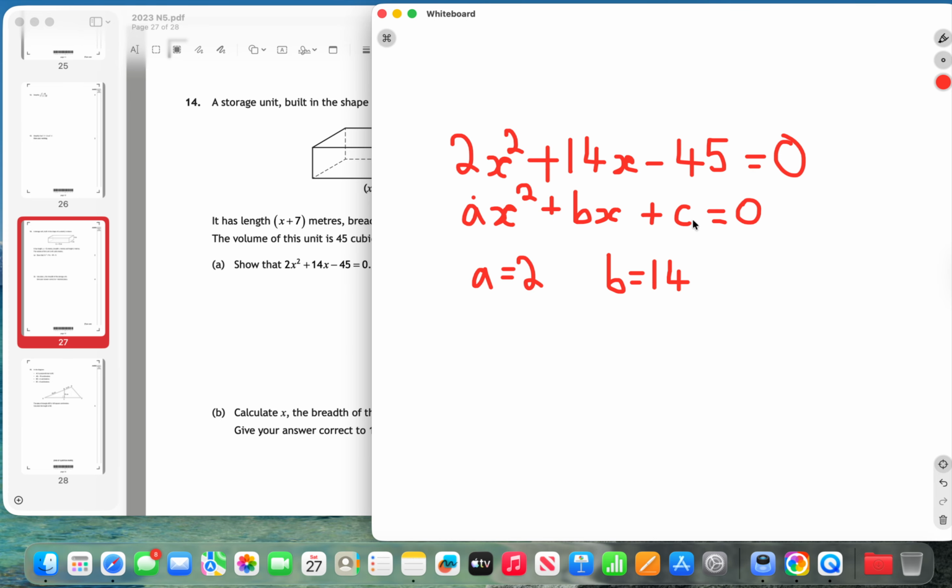But c, well, this is 2x squared plus 14x plus minus 45. That's essentially what that means. So you're adding minus 45, and the term independent of x is minus 45. So we can write c as minus 45.